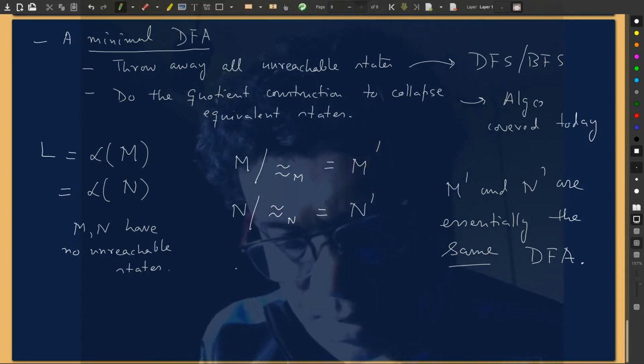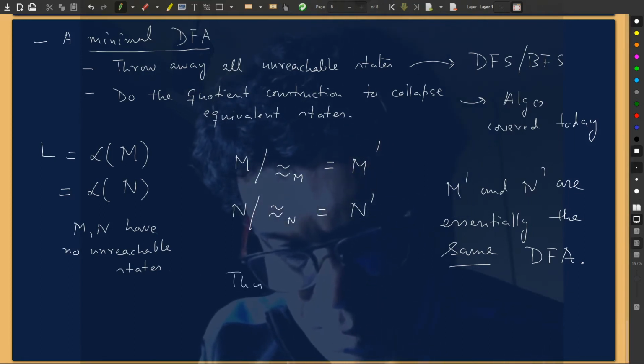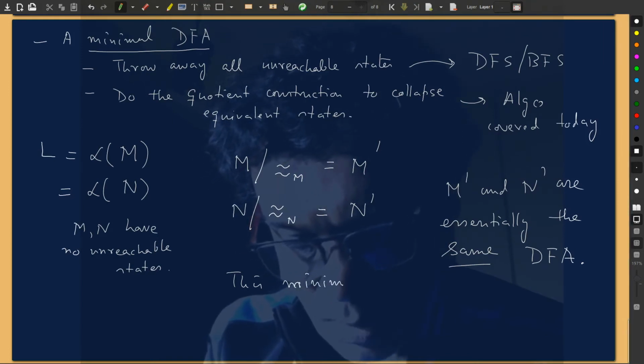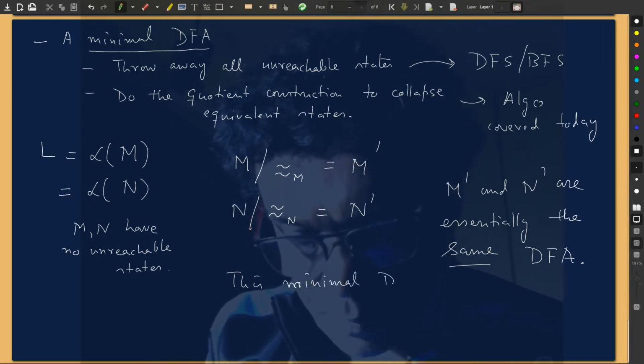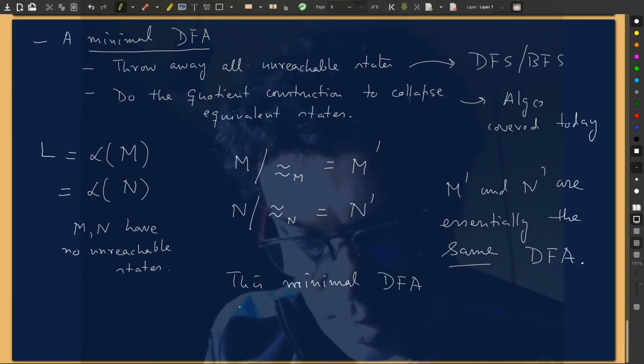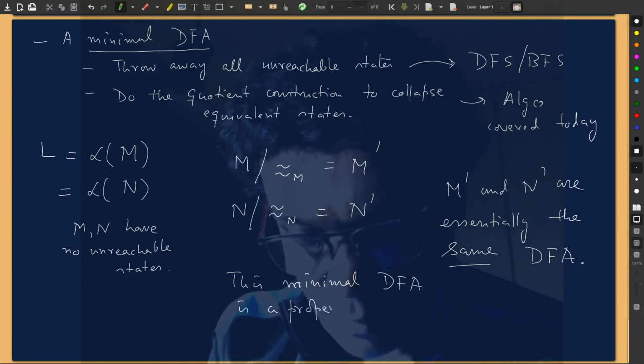So that means this minimum or minimal DFA, whatever way you construct it, is a property of L, the language.